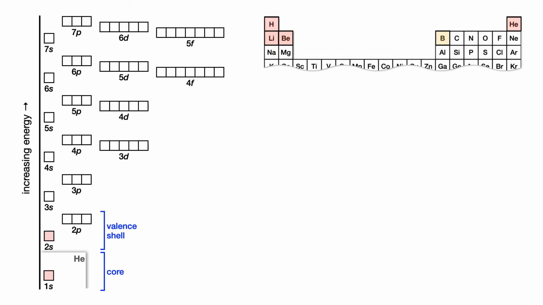Boron has all the same electrons that beryllium had. Beryllium had its electrons in the 1s orbital and the 2s orbital. And the next place where electrons can go is into the 2p sublevel. And so boron will put its fifth electron into the 2p sublevel.